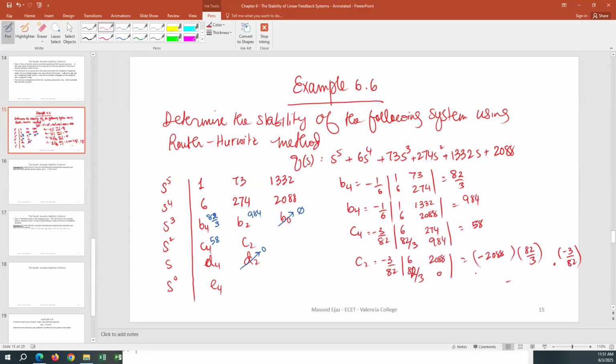So that's simply going to give me positive 2088. So far everything is good. 2088. All positive in the first column.